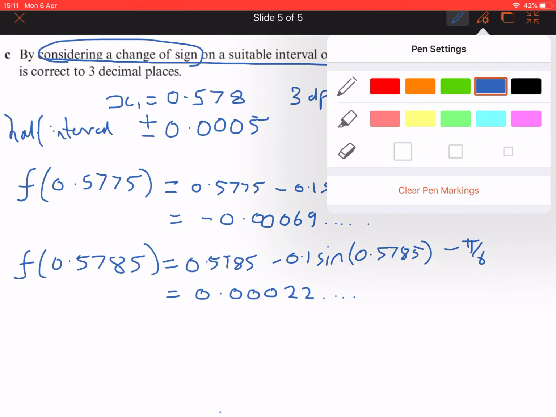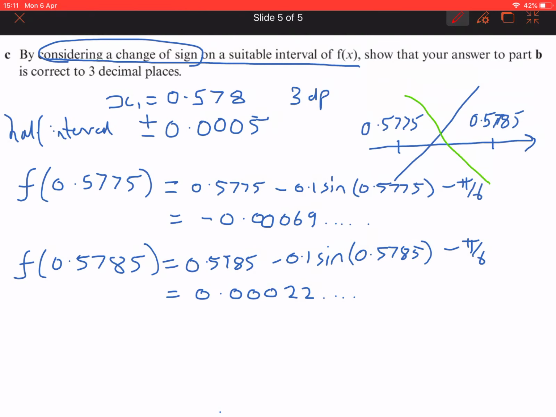Okay, so what this tells me is that the function is less than 0 at 0.5775, and it's greater than 0 at 0.5785. So it's this graph. It's negative when we've got 0.5775, and it's positive at 0.5785. So I've got my change in sign, meaning there's a root in between.